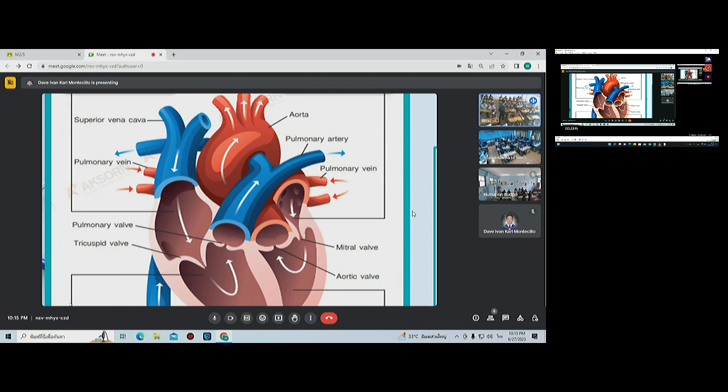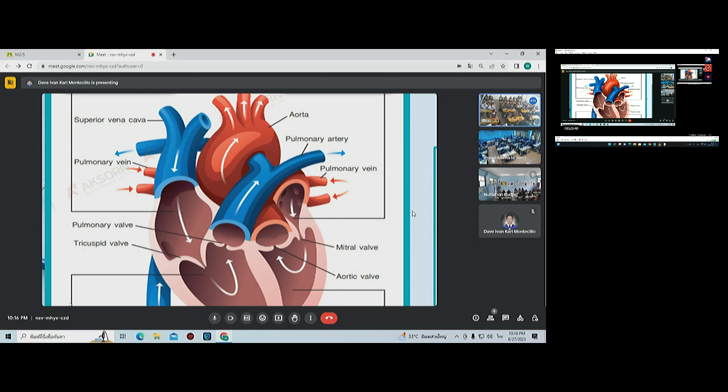And from the left atrium, the blood will pump to what chamber? Left, going down. The left ventricle. Okay, very good.